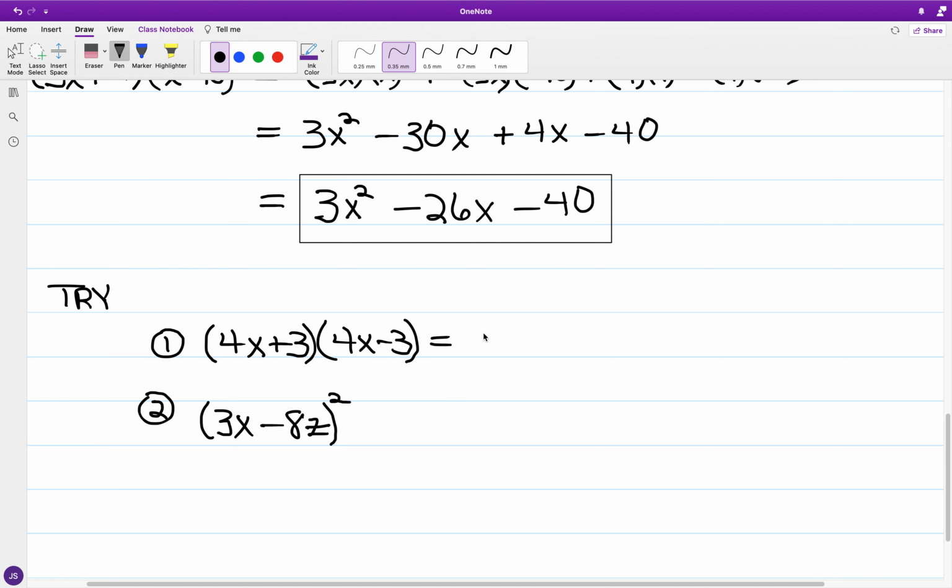For the first terms, we have 4x and 4x. With the outside terms, we have 4x and negative 3. Then we have 3 times 4x.